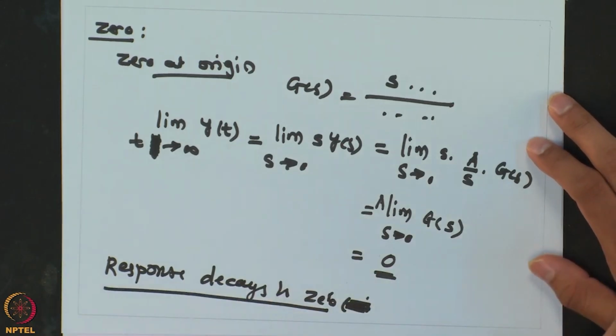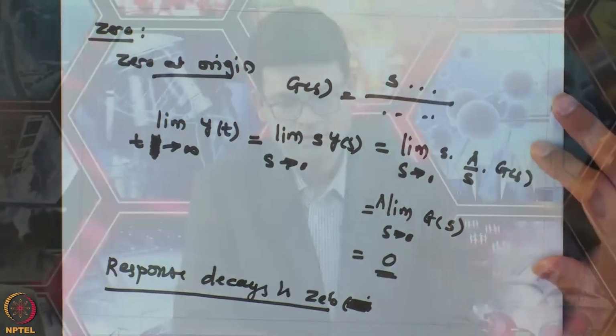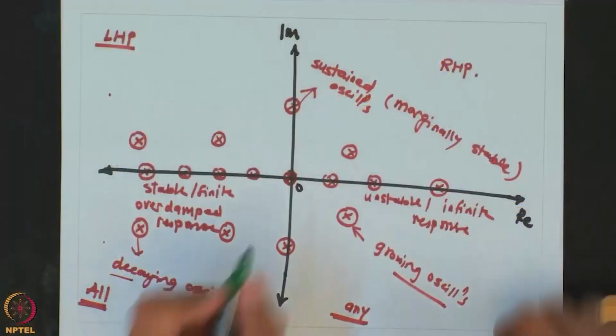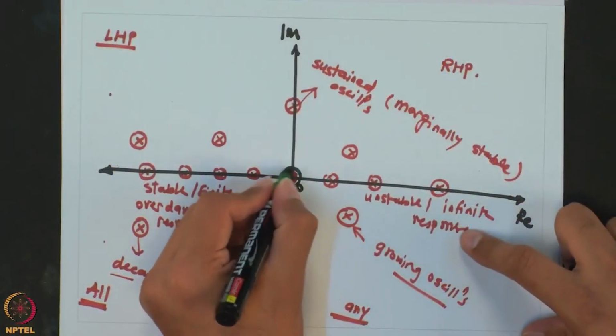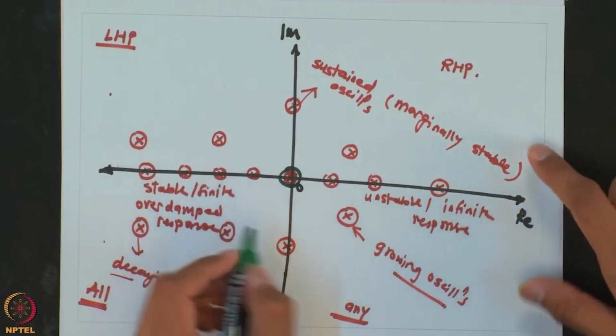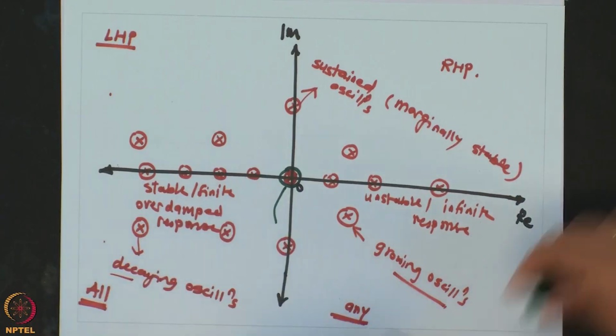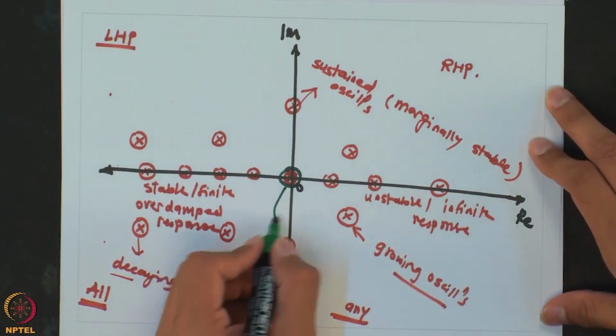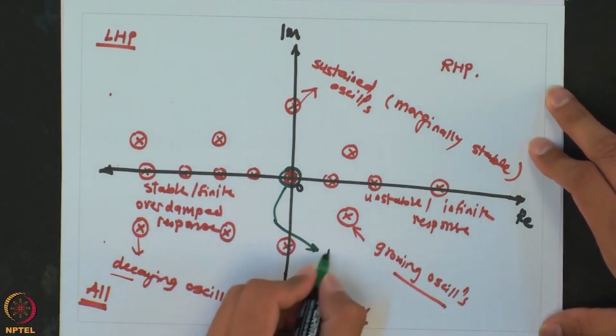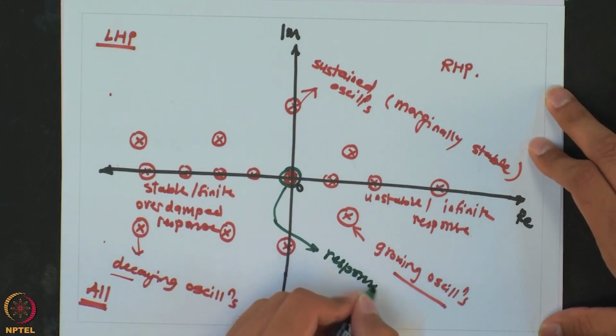So the final value of the output will always be equal to 0 whenever there is a 0 at the origin. So if we go back to this figure, if I say there is a 0 at origin, then the response goes to 0.